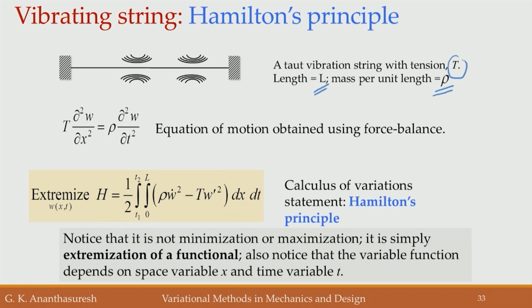Then in order to find the dynamic equation which is shown here, this basically comes by equating the forces that are acting when this is vibrating. It is free vibration, but there is going to be inertia force, that is rho W double dot. So, this dou square W by dou t square is W double dot. Okay. Rho W double dot, the inertia force, is equal to the stiffness force that is there, T into dou square W by dou x square.